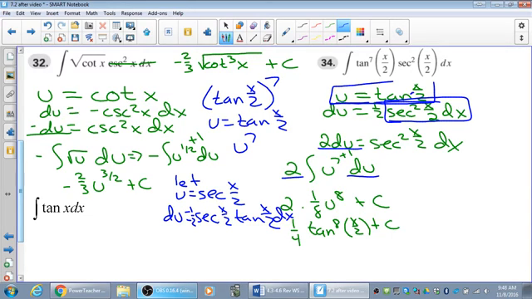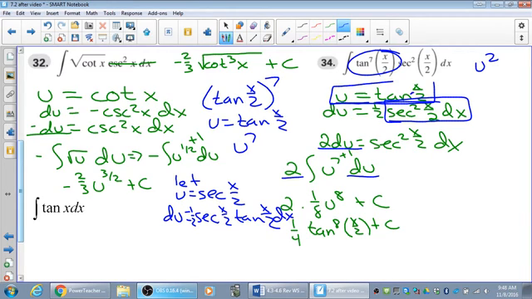That's the derivative. Well, I don't see a secant tangent here. If we let u equal secant, then I have this tangent to the 7th. How am I going to replace tangent to the 7th when I let u equal secant and this is the du?